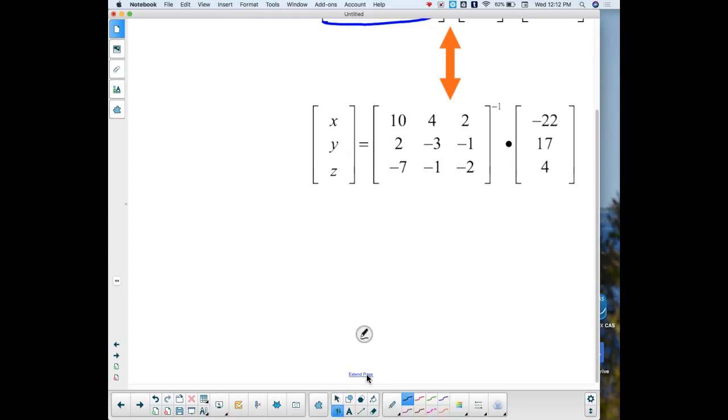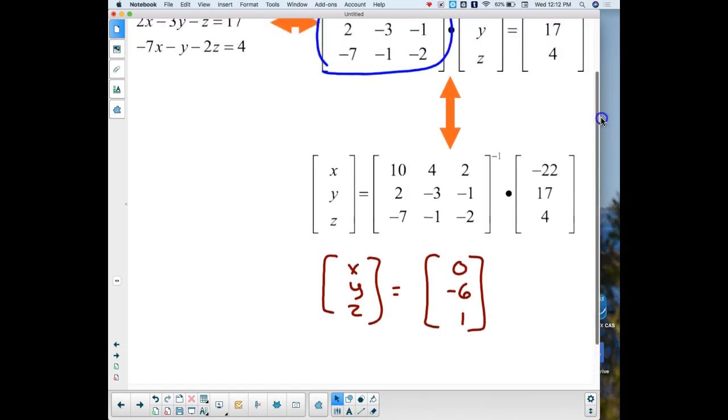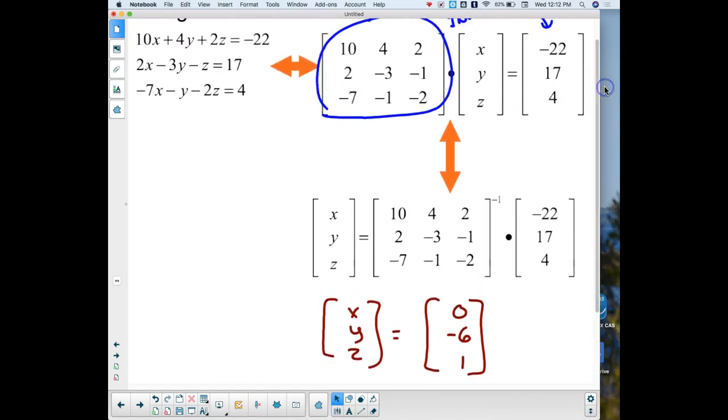So that would say then that x, y, and z is 0, -6, and 1. So x would be 0, y would be -6, and z would be +1 in my equation.